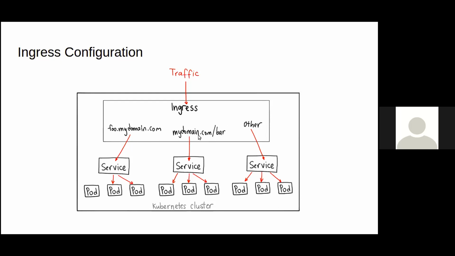So ingress is a controller which routes to your services. We haven't exposed the IP for this particular service, but we will be exposing the IP for our ingress controller. So ingress will lie in the same cluster. It will route to our services.